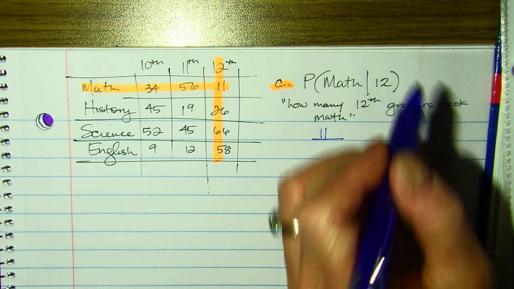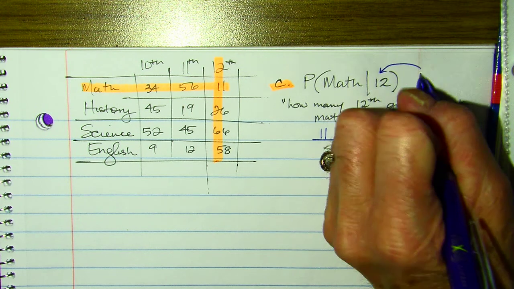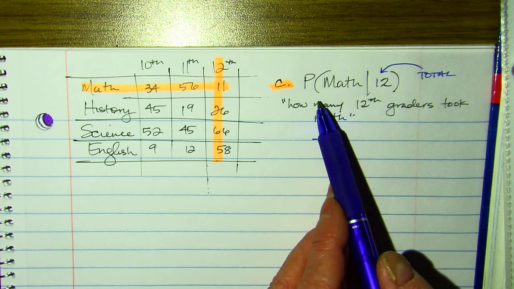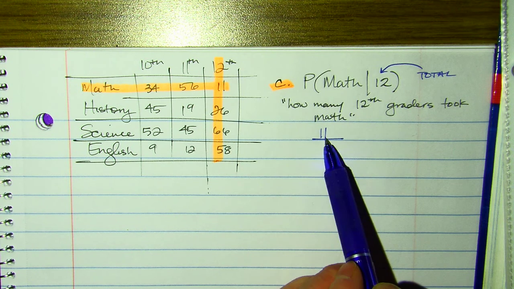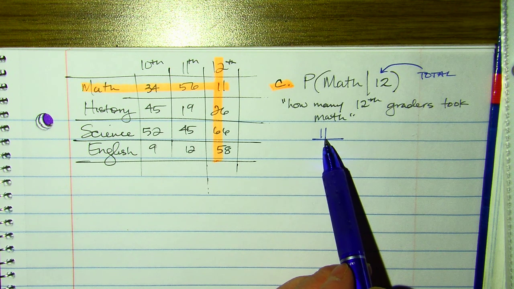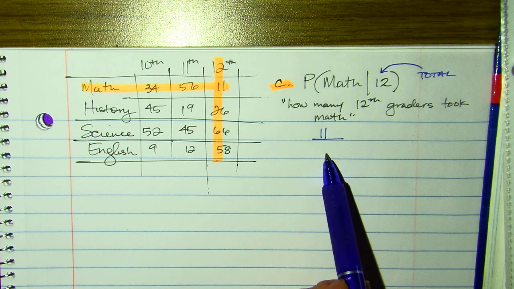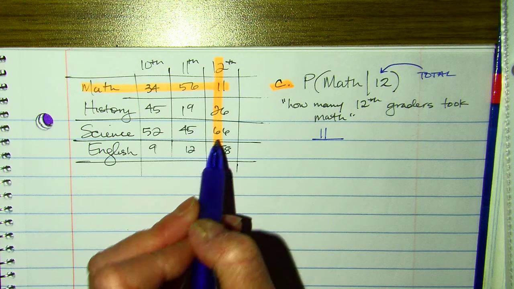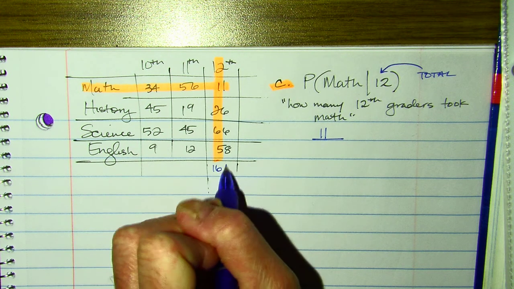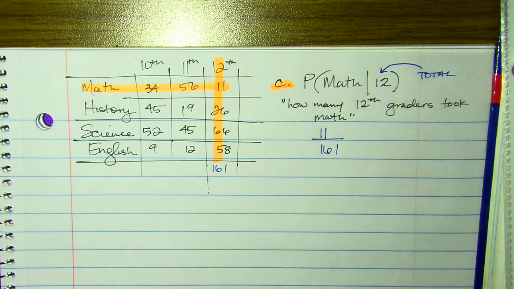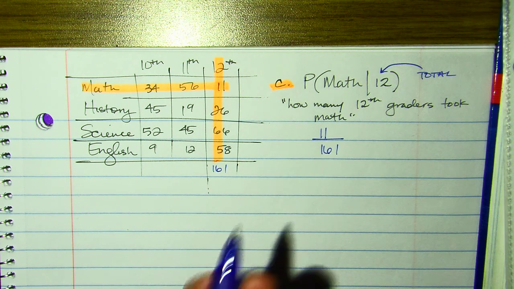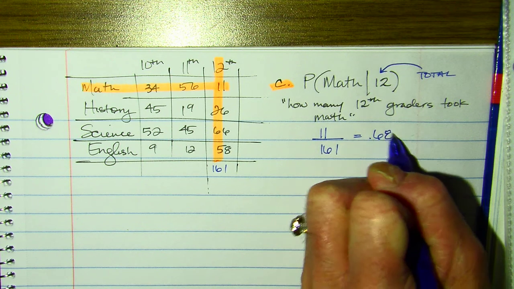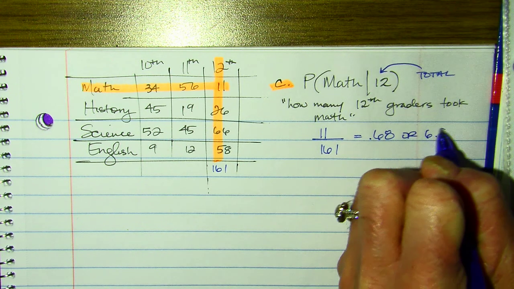The second number should represent the total, because I'm looking at how many 12th graders are in math. So the top is how many are both a 12th grader and in math. The bottom should be the total 12th graders. So there are 11 plus 26 plus 66 plus 58 is 161. So 11 out of 161 are taking math. That's 0.068 or 6.8%.